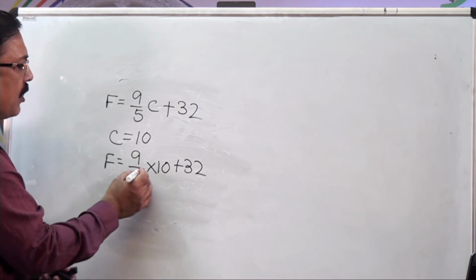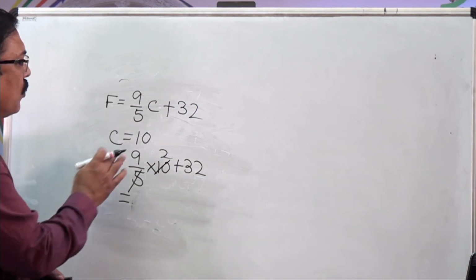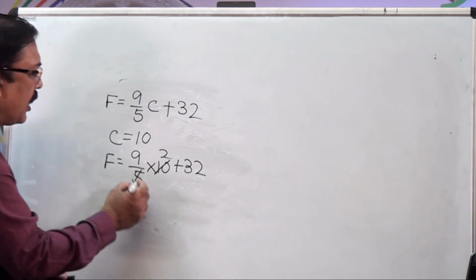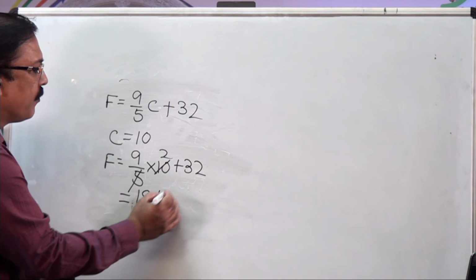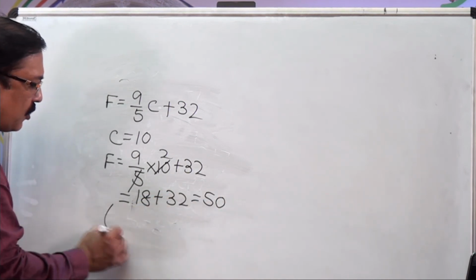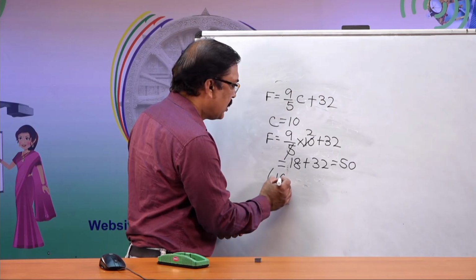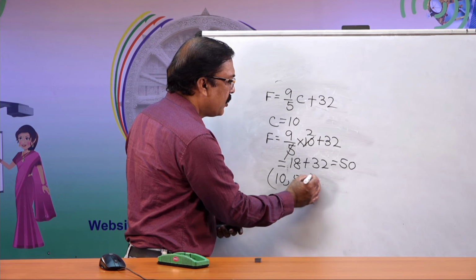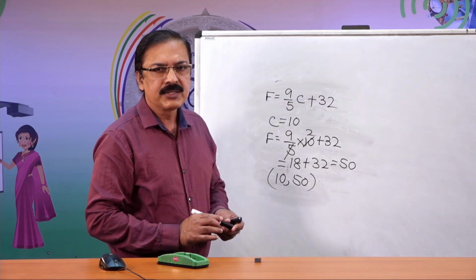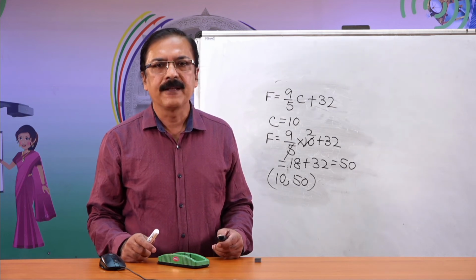That gives 5 into 2, so 5 and 10 cancel, leaving 2. 9 into 2 is 18, plus 32 gives 50. So for this equation, the solution is (10, 50).